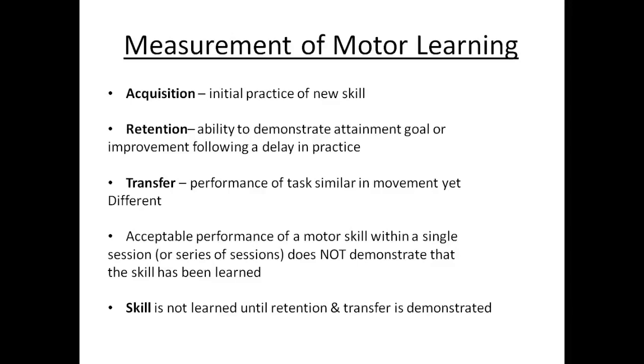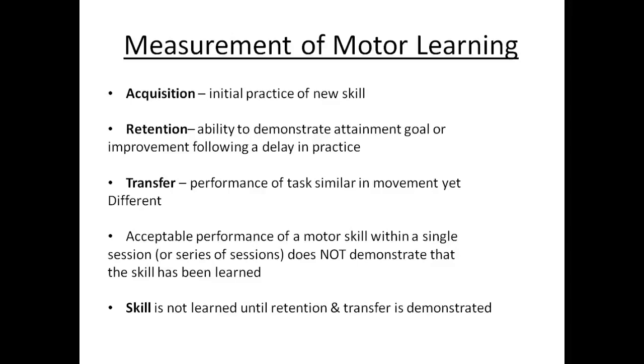So measurement of motor learning. We've got this acquisition of skills, acquiring new skills, and that's what a young child is doing all the time. Retention, their ability to retain these skills. It's no good learning a new skill unless you practice it. We refer to 10,000 hours to become a master of that particular movement.